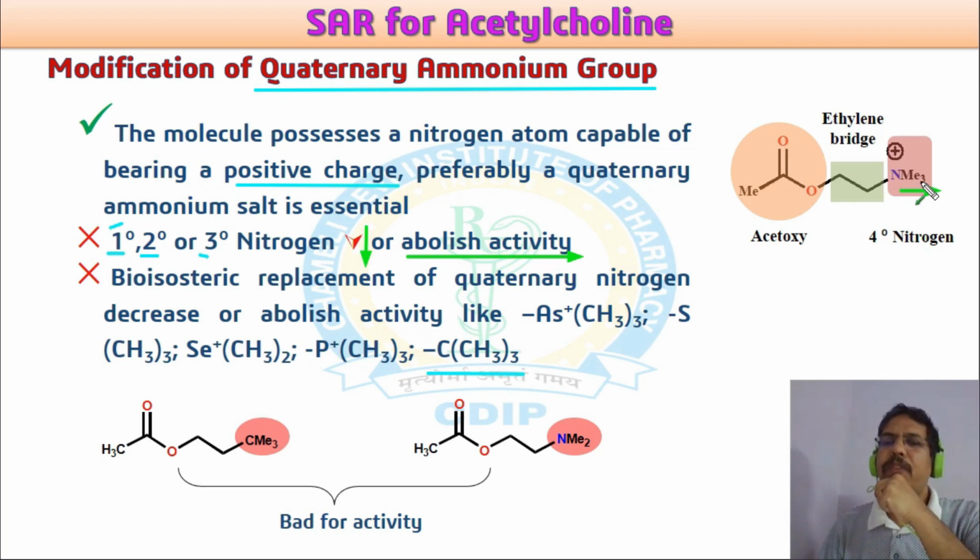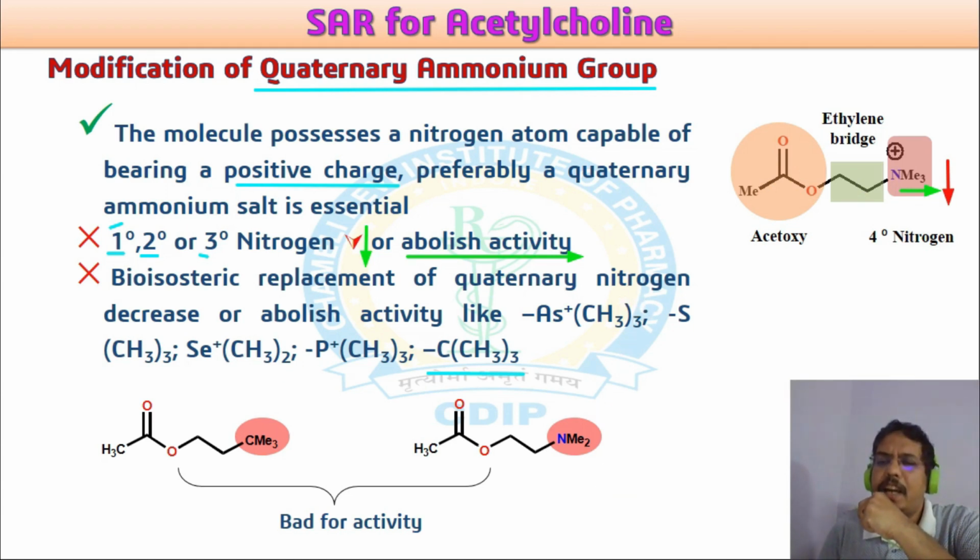So bulkier groups also do not favor the mimetic activity, but generally out of these 3 methyls we can replace 1 methyl with ethyl, and in that condition the compound shows activity, but that activity is still lesser than the corresponding acetylcholine.